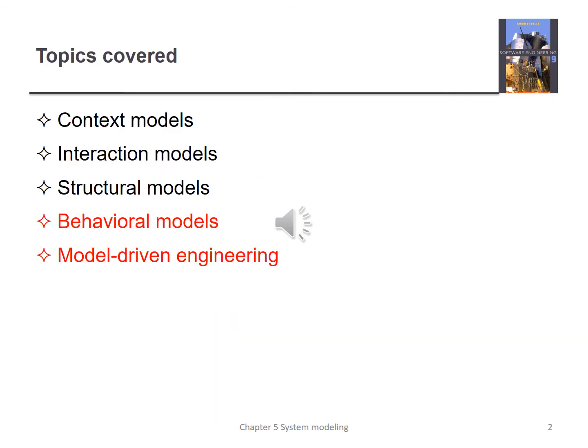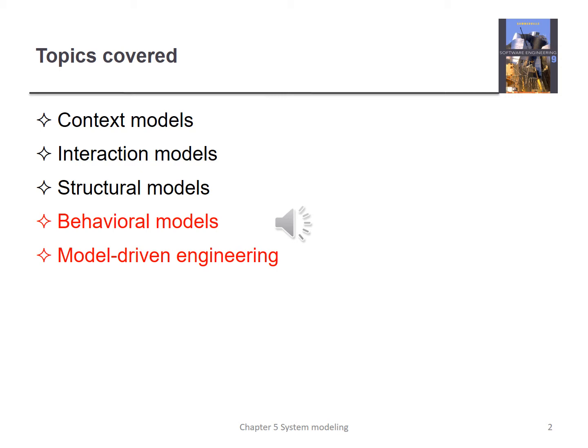Of course, as we said, the topics we covered in the last two lectures and this one are the context model, which is the context diagram, the interaction model, the use case and the sequence diagram, the structural model, which is represented by the class diagram, and the last description of system modeling, the behavioral.